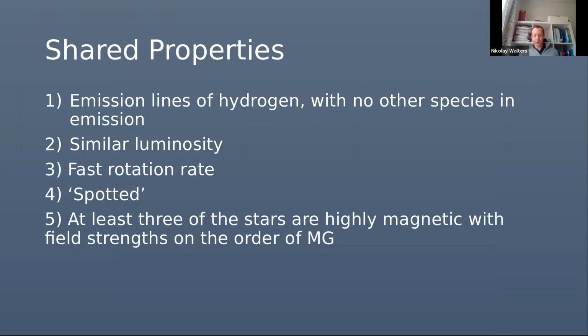Also, for these rotation rates to be photometrically detectable would require some kind of surface inhomogeneity, suggesting that these stars likely have similar dark spots. Finally, at least 3 of these objects are highly magnetic, potentially pointing to magnetism being responsible for the emission behavior. And I just have to note that J0412 was not studied for magnetism, so whether it's magnetic is currently unknown.